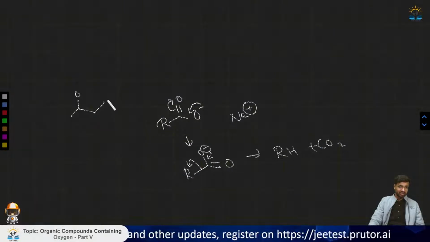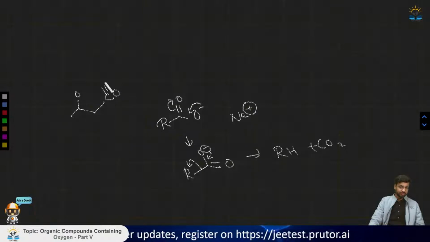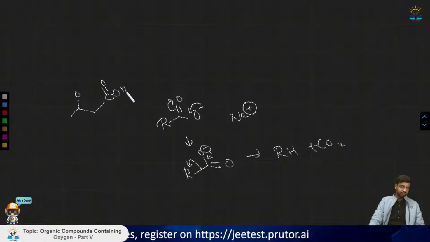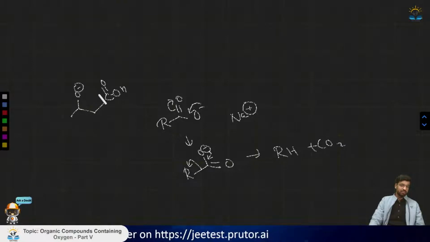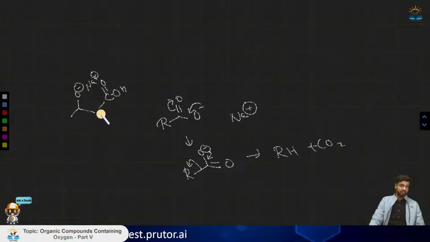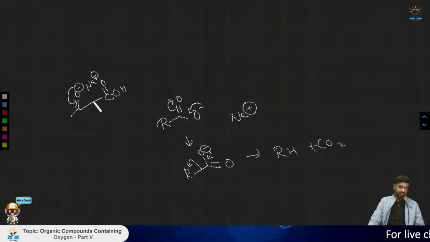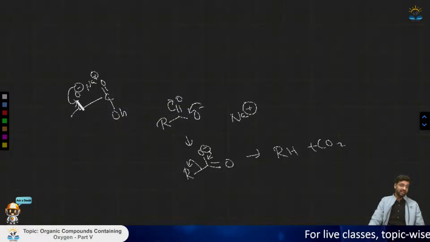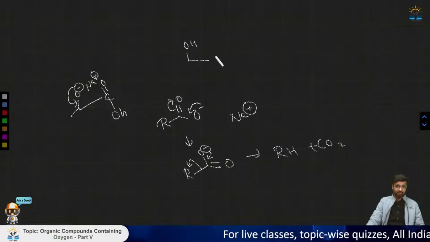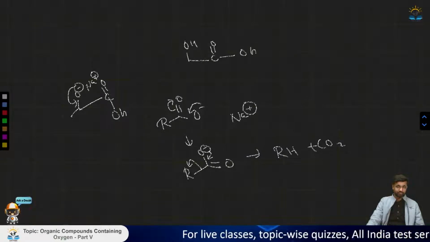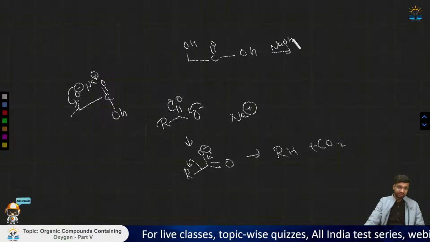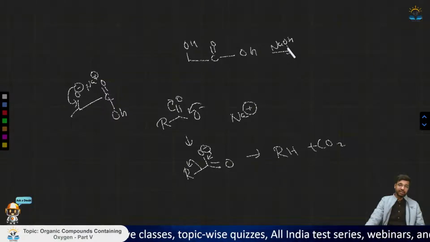Now there is another form also. If you have something like this, then also it can be converted. What will happen, it will go like this. We are having an alpha hydroxy group. Suppose we have an alpha hydroxy group like this, then we apply a base here, and heat it, or you can also not heat it.